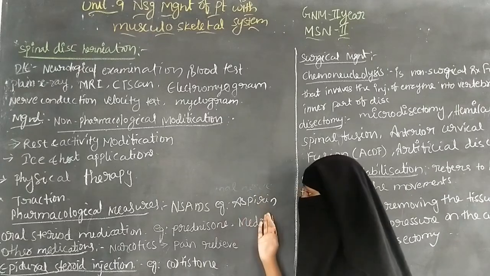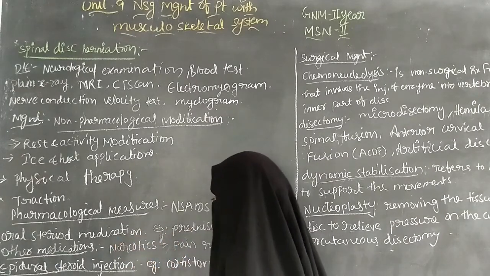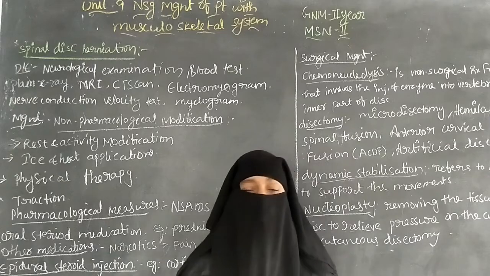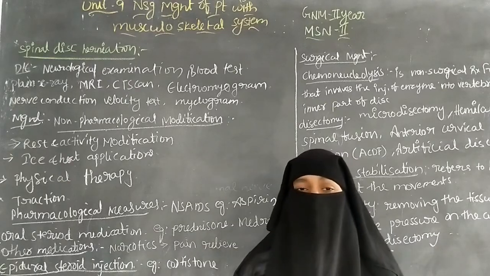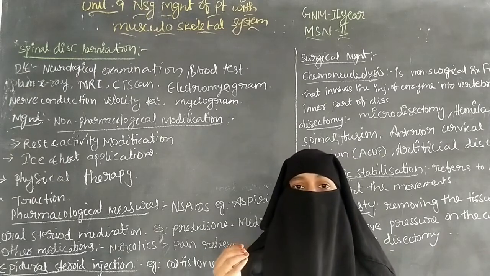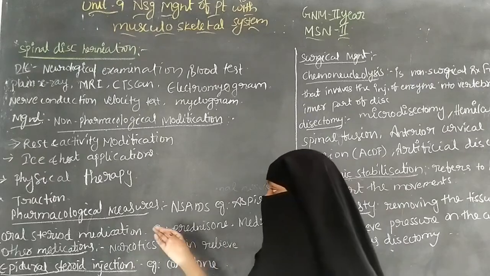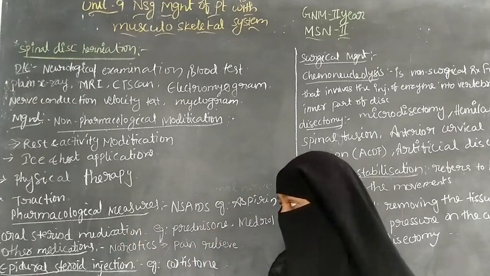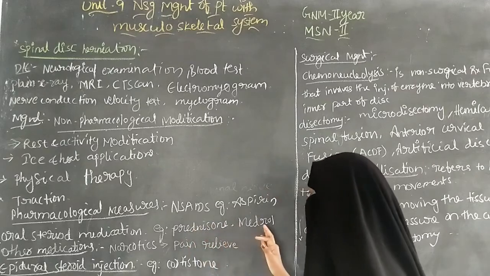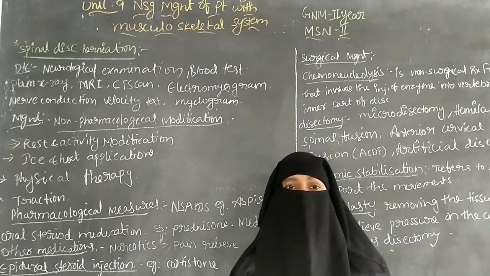Next are the oral steroid medications. Corticosteroids can be used to reduce the inflammation, and they can be given orally. Examples are prednisone and Medrol.